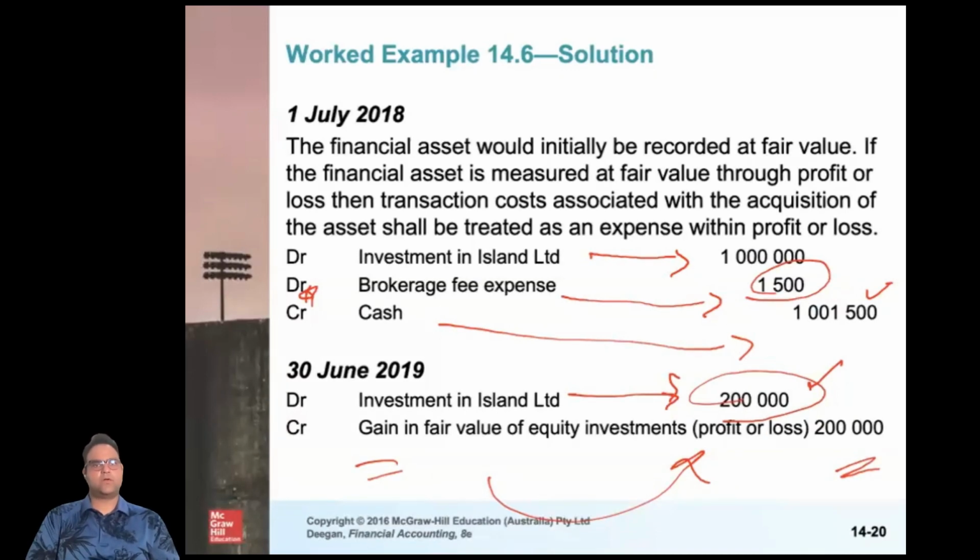When we have a profit or loss account, any expense incurred to acquire this financial instrument will be charged to the profit or loss account, and all the gains will be charged to profit or loss rather than other comprehensive income. These are the few things that have changed. If this is other comprehensive income, any initial cost incurred to acquire the asset, like in this case the brokerage fees, will become a part of the investment.